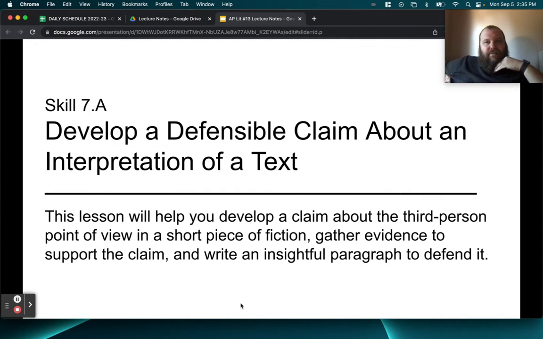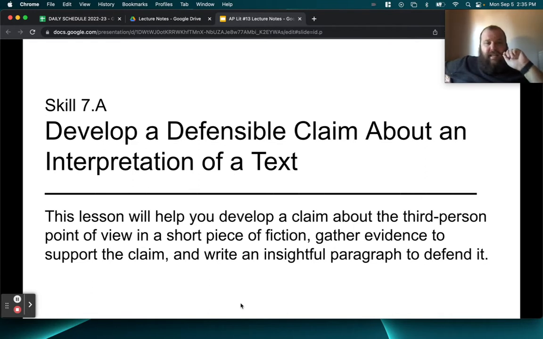And if you're one of my students, then we've definitely been following this progression, and we have come to the end of the first unit. So we are finishing up by completing this idea, developing a defensible claim about an interpretation of a text.